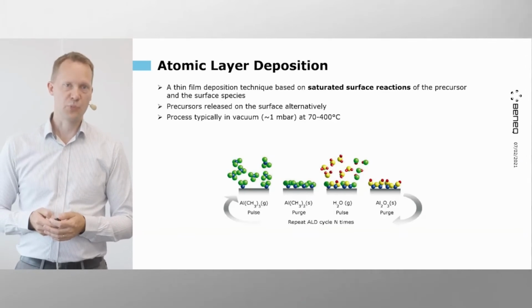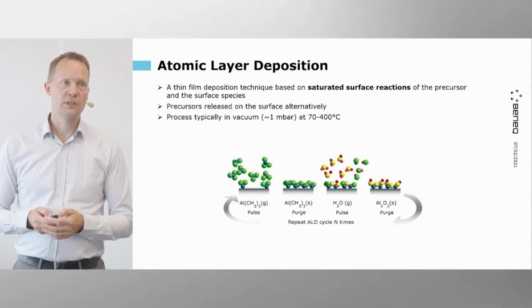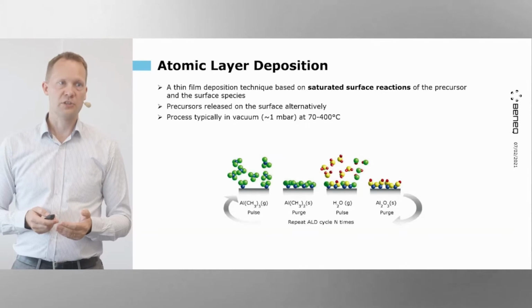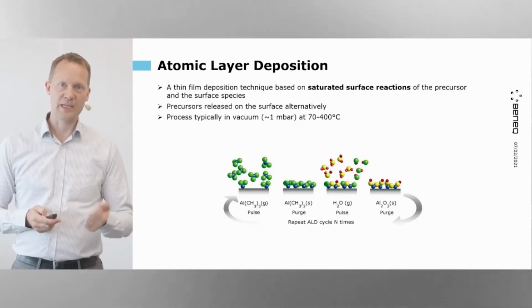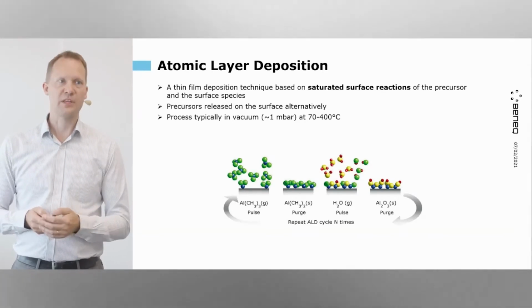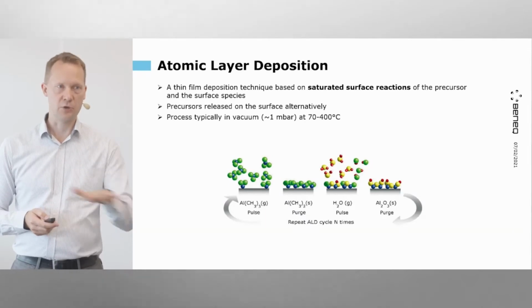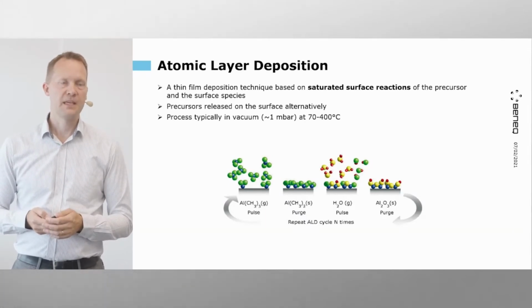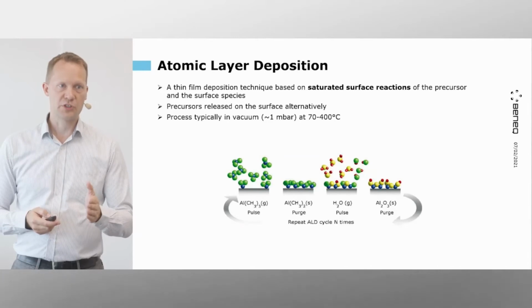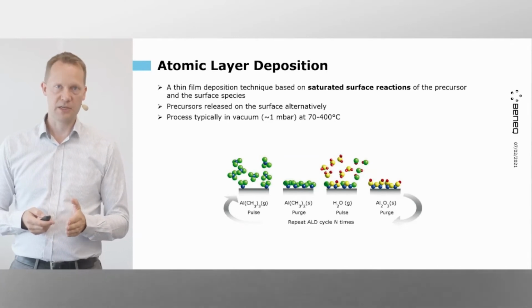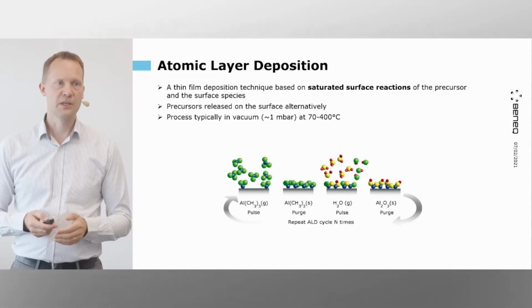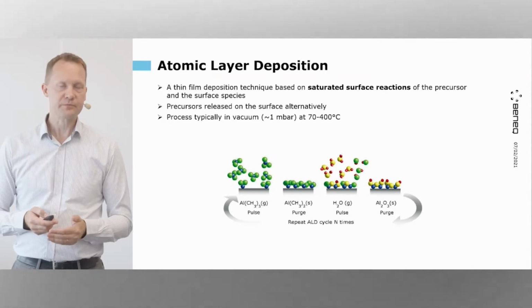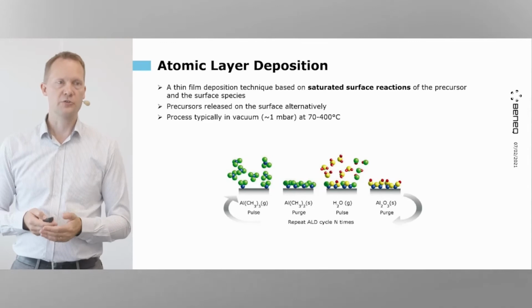Then during the purge step that follows, the inert gas, nitrogen, will remove any remaining first precursor material from the gas phase, leaving only the ones on the surface. And then in the third step, we introduce the second chemical, so it's another pulse, typically an oxidizer. Like in this example here, it's water, a very common oxidizer.